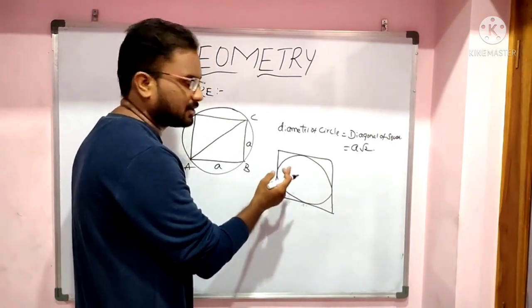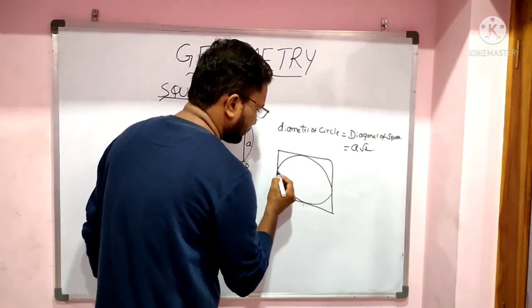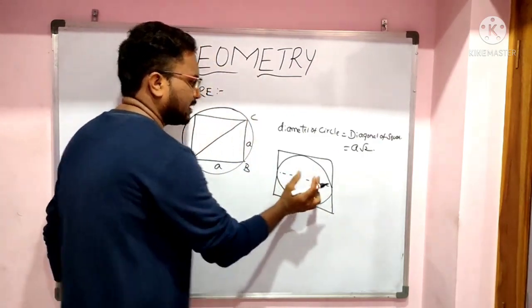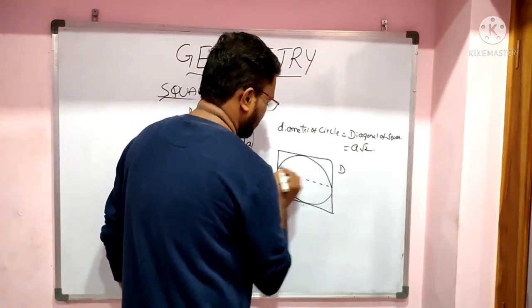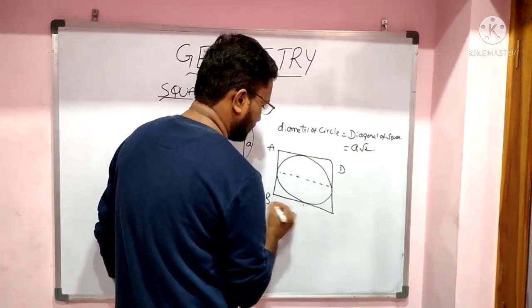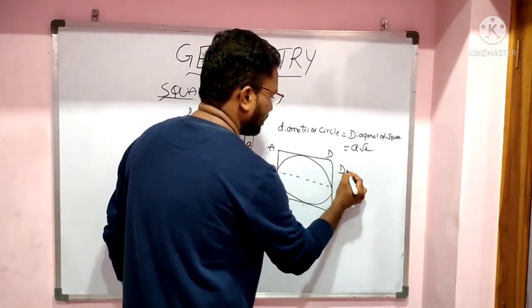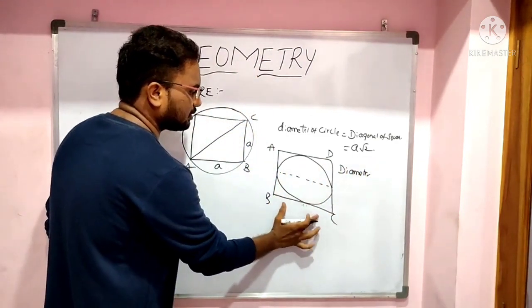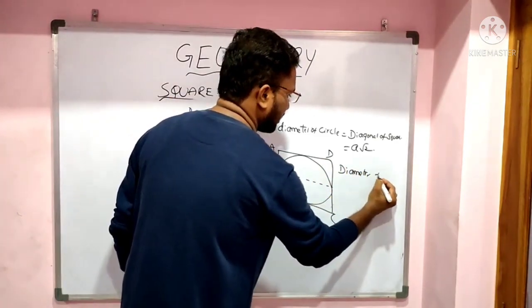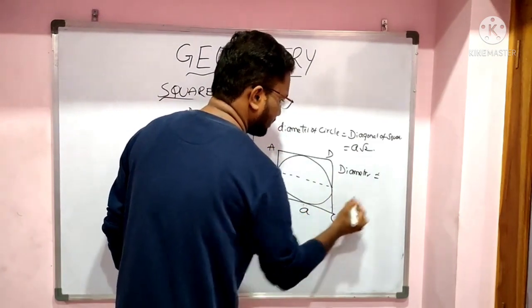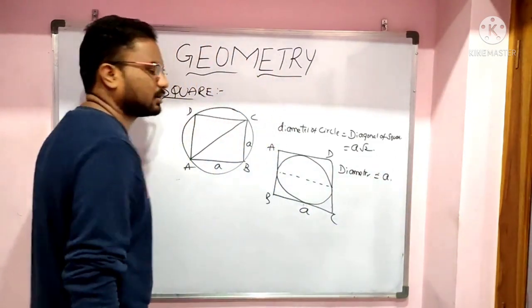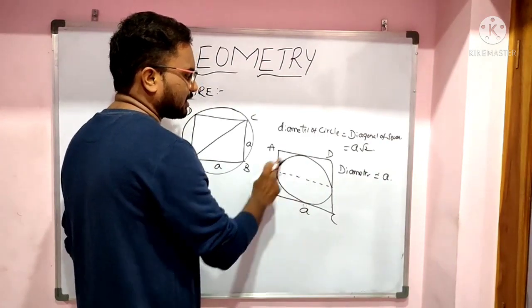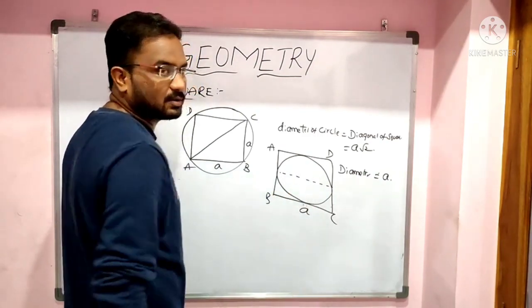If a circle is inscribed in a square, then diameter of the circle equal to side of the square.